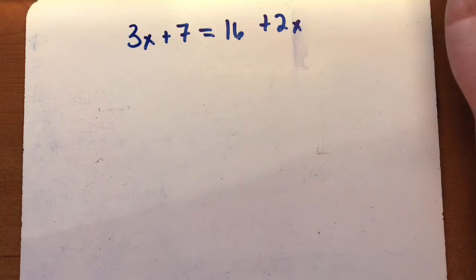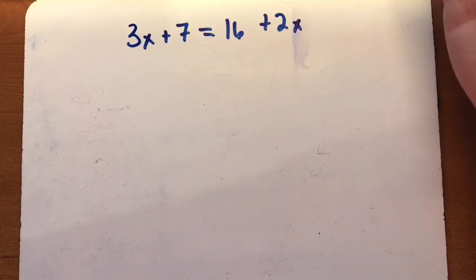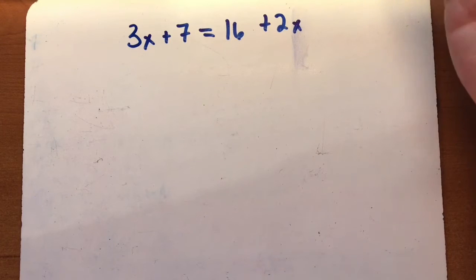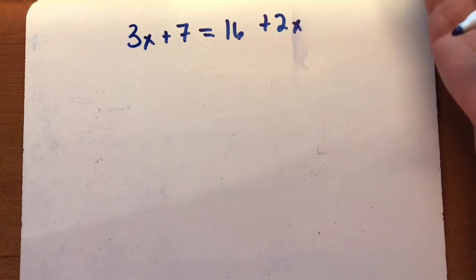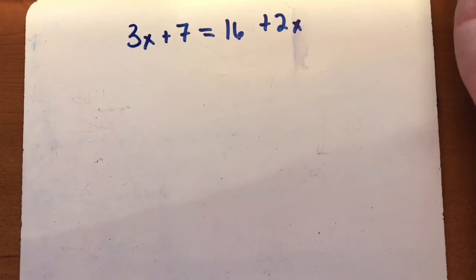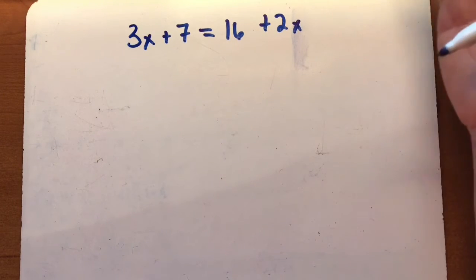And typically, if you struggle with math, I tell my students, always move your variables to the left. Now that's not always good advice because you end up with some negatives sometimes, but whatever. If you struggle with math, it's more comfortable for you to always do the same thing over and over again.